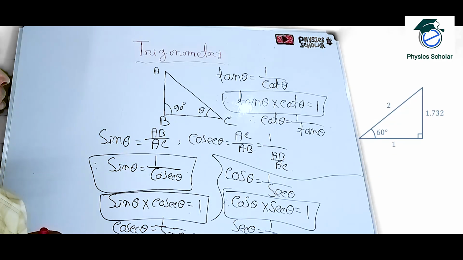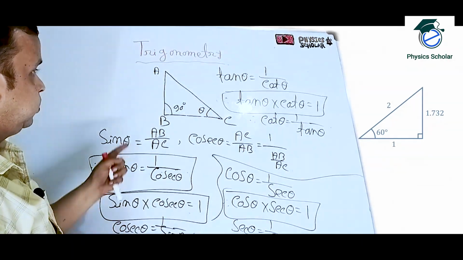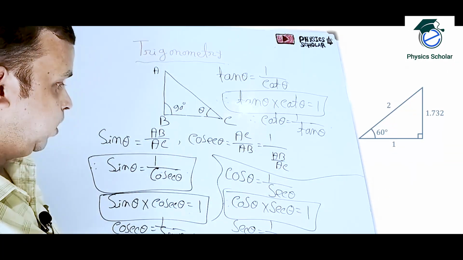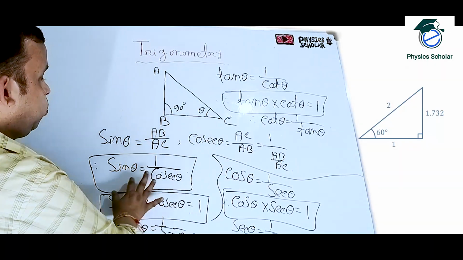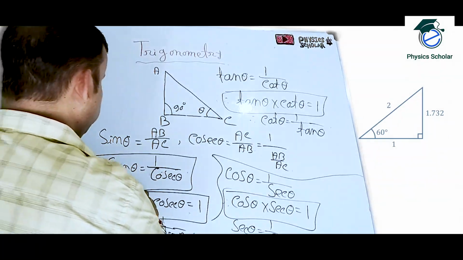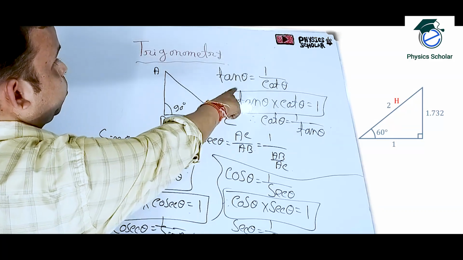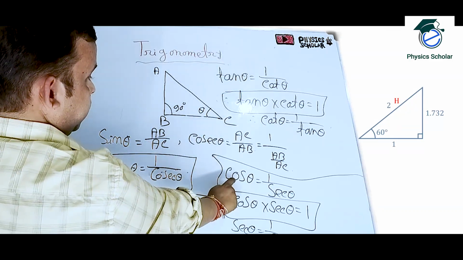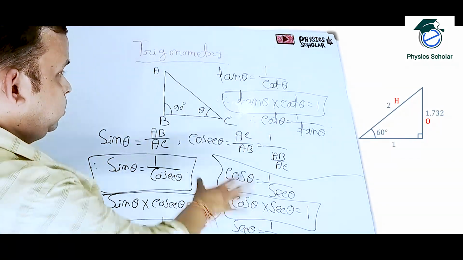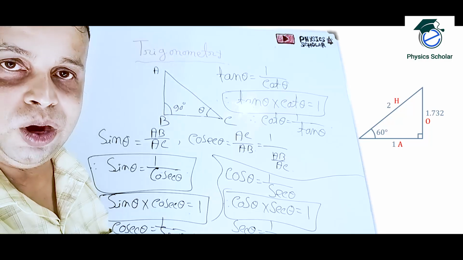So this is the relationship between sin and cosec, tan and cot, and cos and sec. Sin is the reciprocal of cosec, tan is the reciprocal of cot, and cos is the reciprocal of sec. I hope you have understood up to this. You can also write it in your copies.